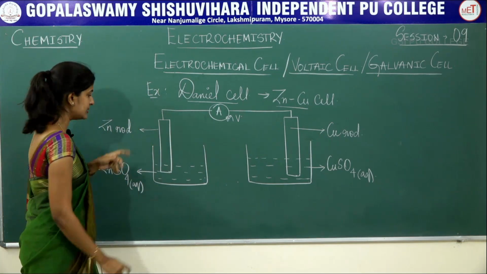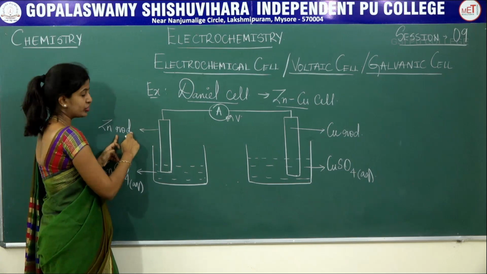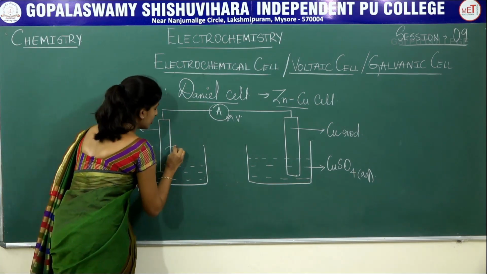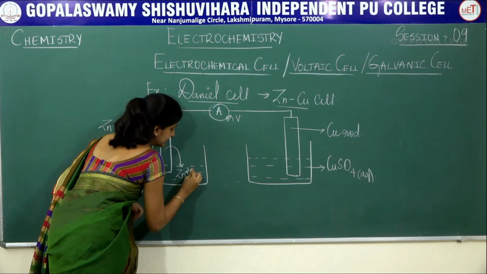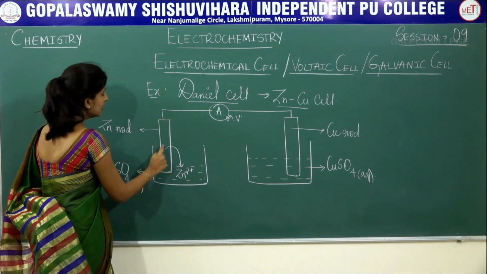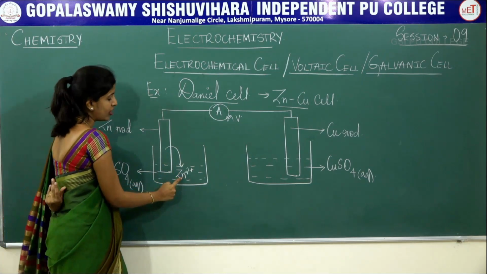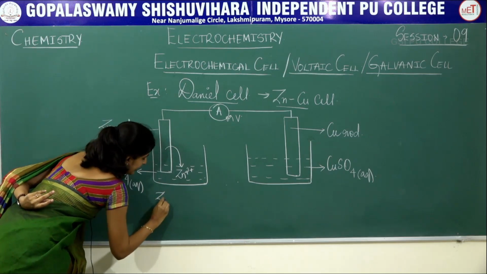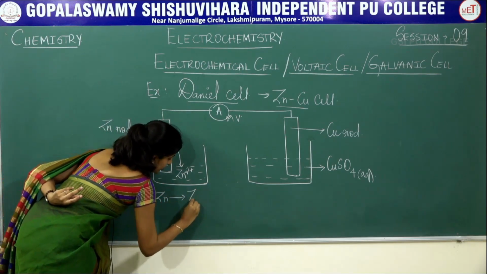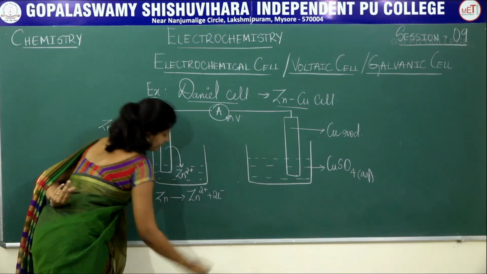Now what happens is, in the first container, the atoms of the zinc rod will undergo oxidation and enter the zinc sulfate solution as zinc ions. The atoms in this zinc rod lose electrons, form zinc ions and enter the aqueous medium. That is, Zn gives rise to Zn2+ plus 2 electrons.